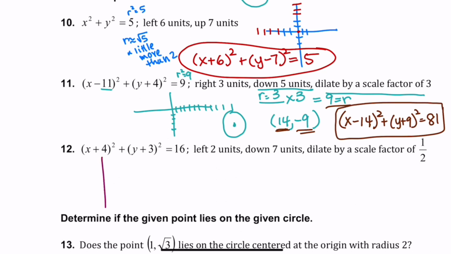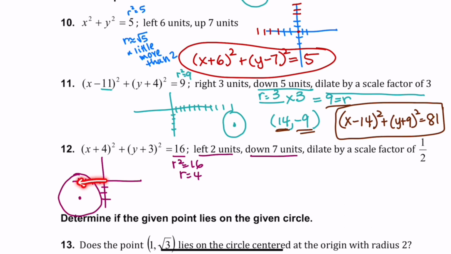On number 12, we have a negative 4 and a negative 3 for our center. Our radius squared is 16, so our radius is 4. So it's going to be something like this. We're going to take it left 2, down 7. So we're already left 4.